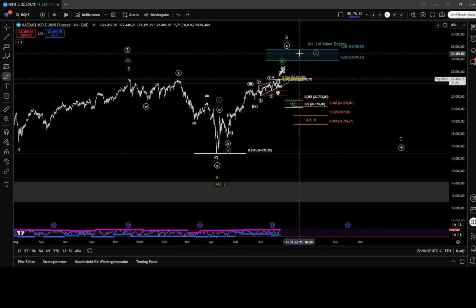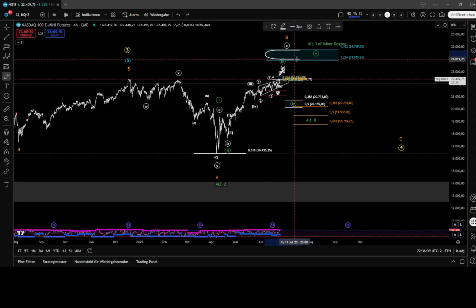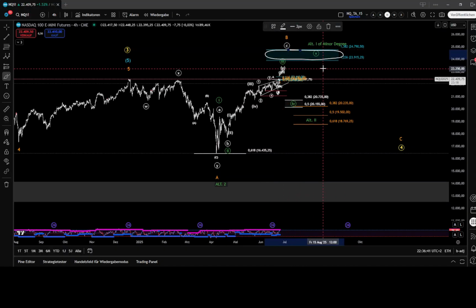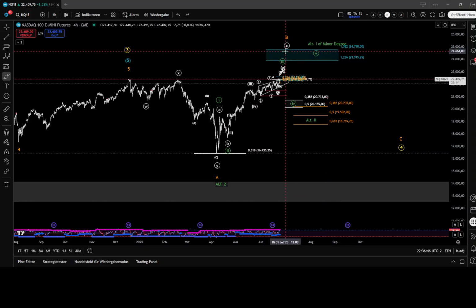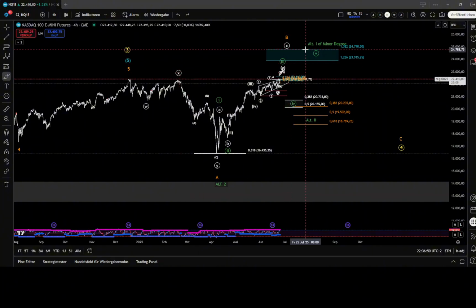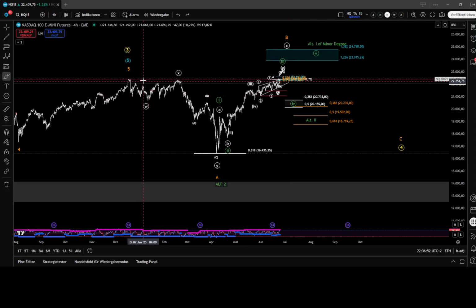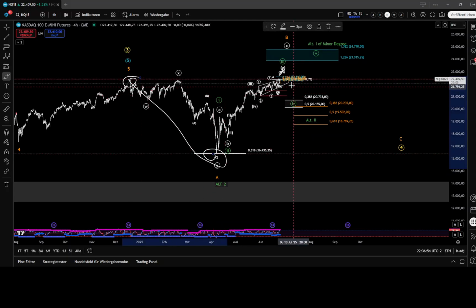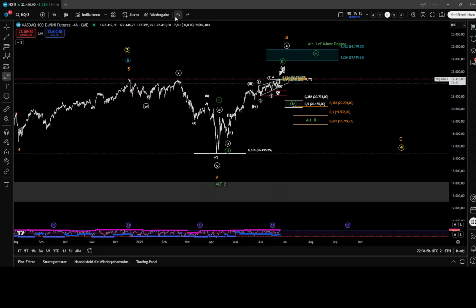But we still have to focus on our irregular B wave target here, and that is still between 23,915 and 24,790, which is the 123.6 and the 138.2 Fib retracement from the high to the lows here. That would mean it's an irregular B wave. But that's still on the table.